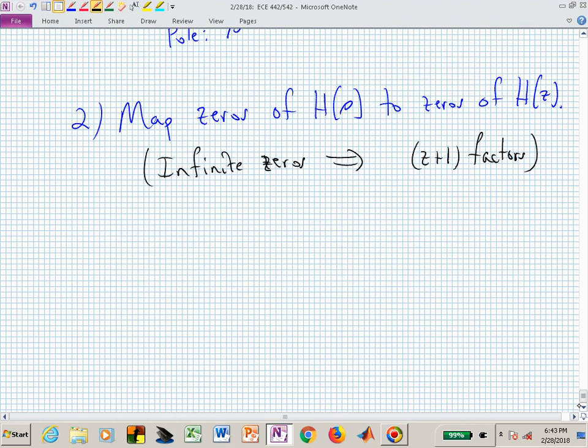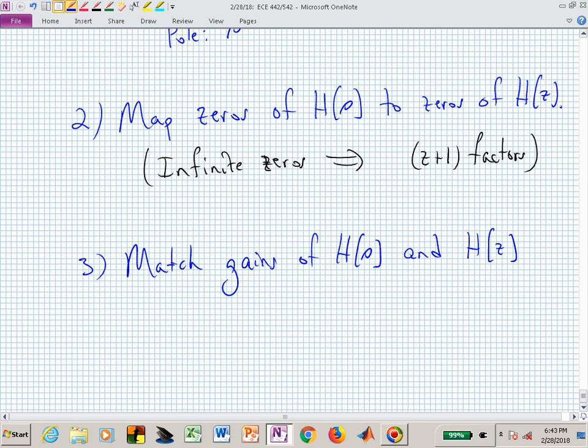The other step in this process is then to match gains of H of S and H of Z. Meaning if I had a low-pass type filter, then I might want to match gains at DC, which means that I would be comparing, so let's now say low frequency.